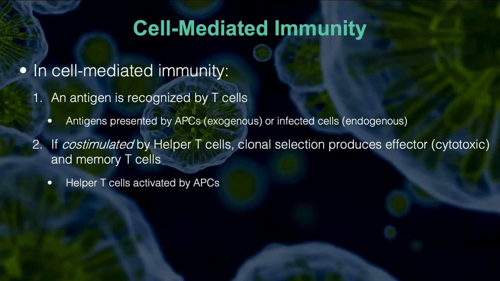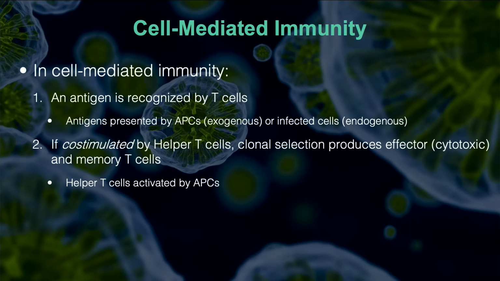And we know clonal selection, it's when we take a T cell and it divides into a new T cell, a new cytotoxic T cell, and a new memory cell. So we have an effector cell, which will do the job of the immune system, the cytotoxic T cell, and we have a memory cell for later that remembers that it divided.